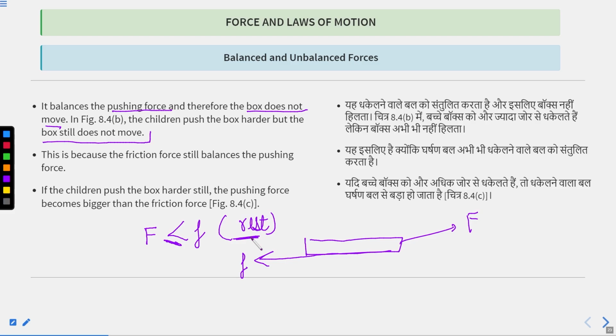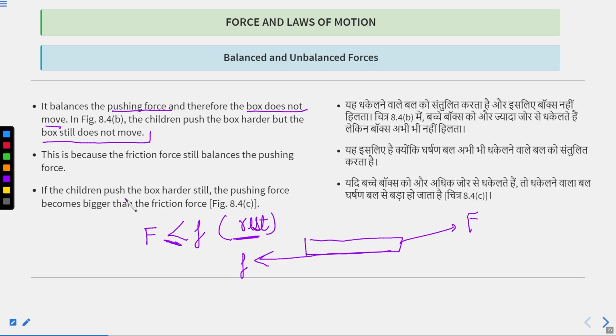I have to apply force with a magnitude more than the friction force, then this object will change its state. No matter how hard you apply force, if your applied force is less than or equal to the friction force, the object will remain in rest state.